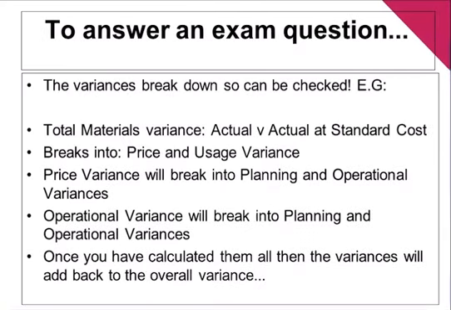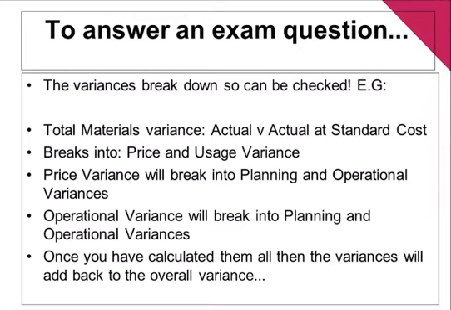Okay, so moving on, the nice thing, if this is set as an exam question, is that you can check your workings, because all of this breaks down. Let's just have a look at this. You can create a total materials variance, comparing actual versus actual at standard.